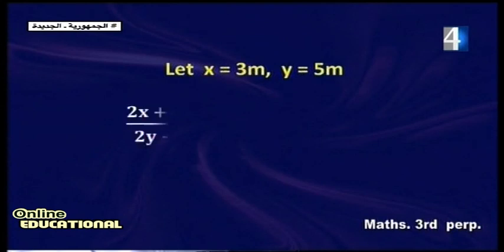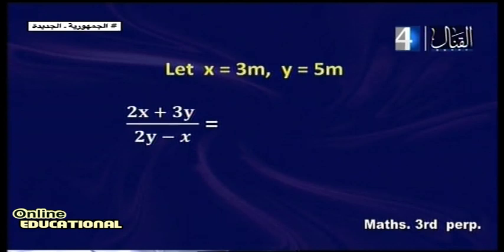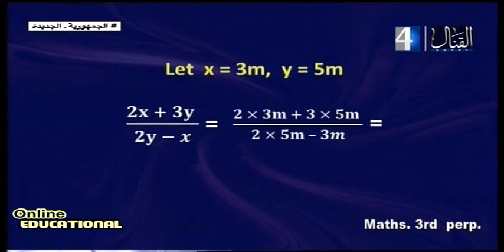Let us see what about (2x plus 3y) over (2y minus x), which is required. Instead of x, we are going to substitute by 3m. So it is 2 multiplied by 3m plus 3y, it means 3 times 5m, over 2y, it means 2 times 5m minus x, which is minus 3m.